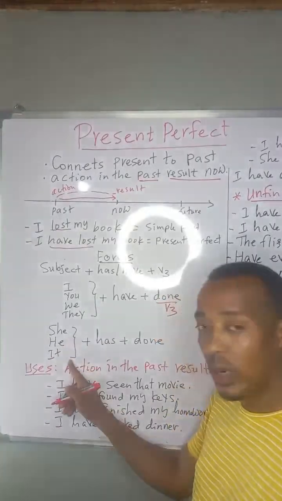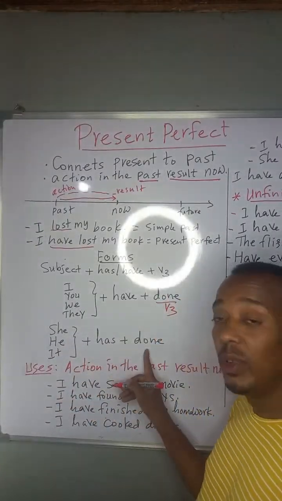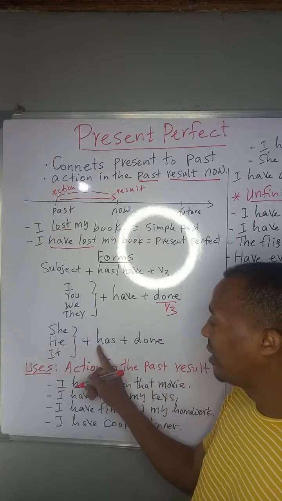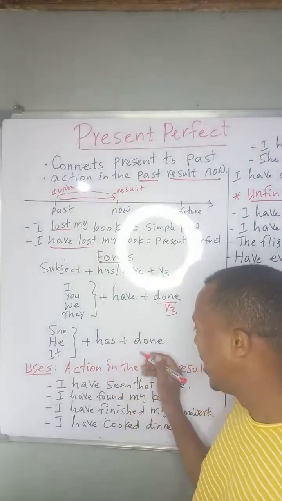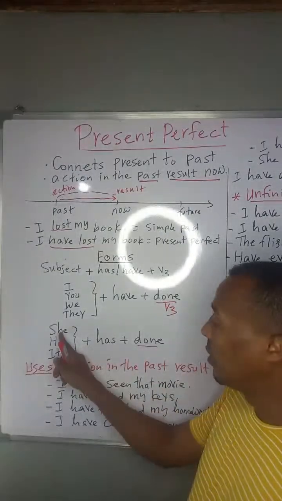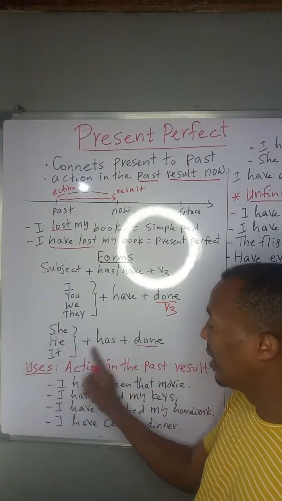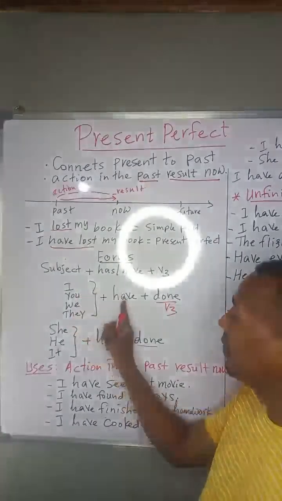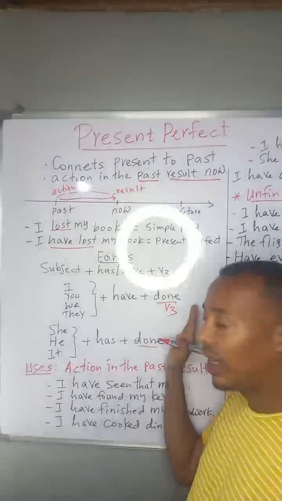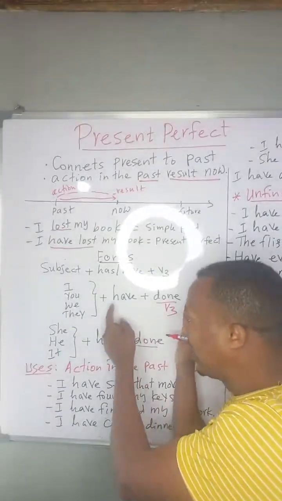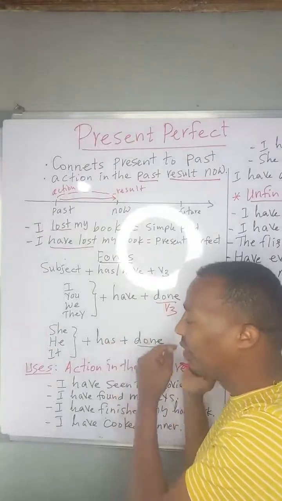For singular pronouns, we use has plus verb 3. She has done, he has done, it has done. I have, you have, we have, they have done, plus verb 3 form. This is the form of present perfect tense.